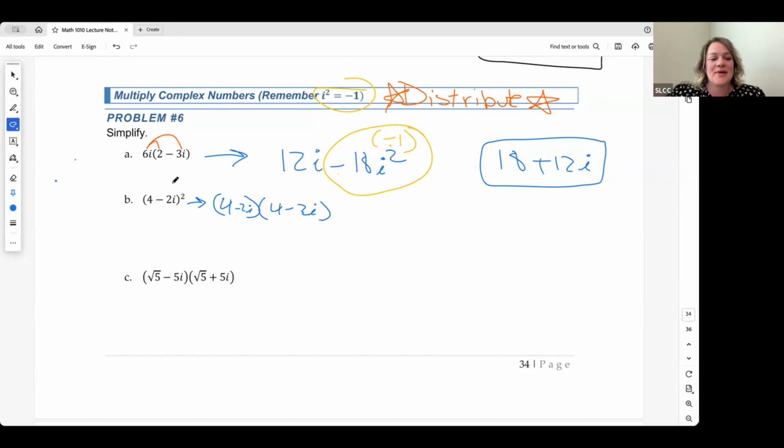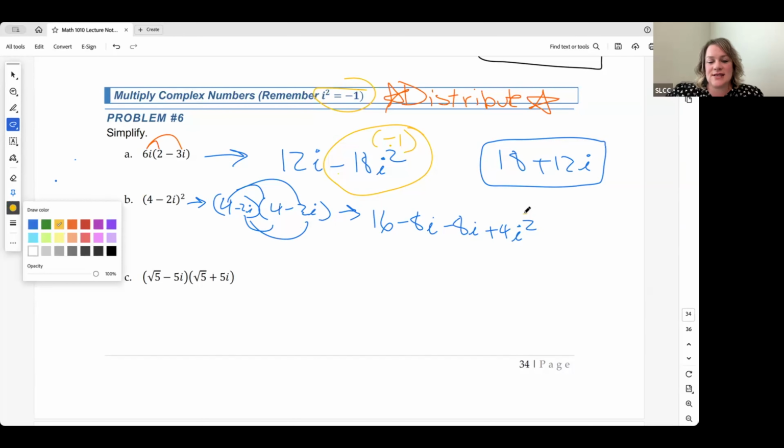Okay, clean that up. So I know I need to distribute, so I take the 4 through. So 4 times 4 is 16 minus 8i. Then I take the negative 2i through, minus another 8i, and then plus 4i squared. Notice again, when you're multiplying, you're going to see this i squared, so you just plug in -1.